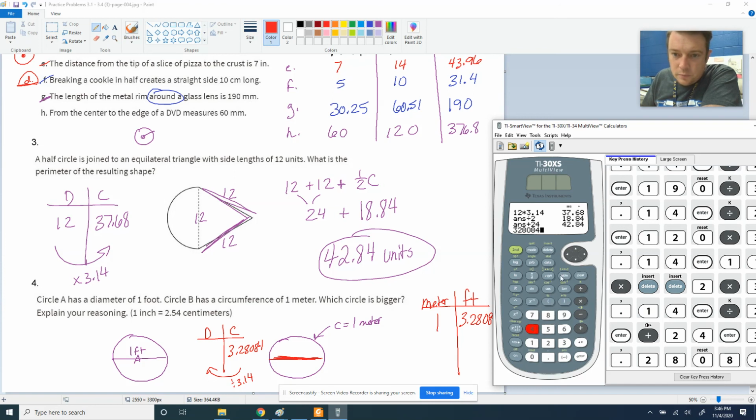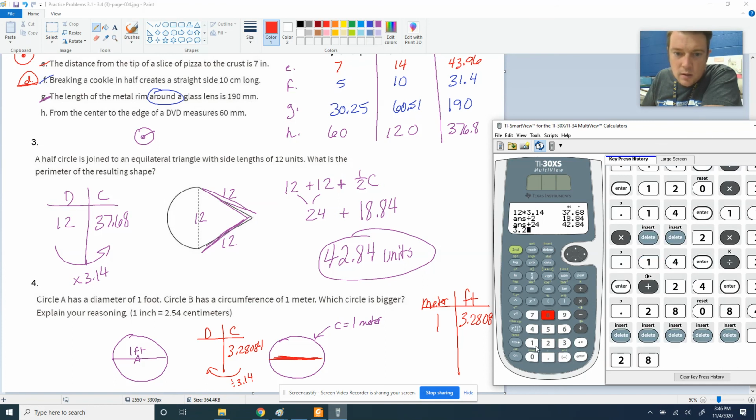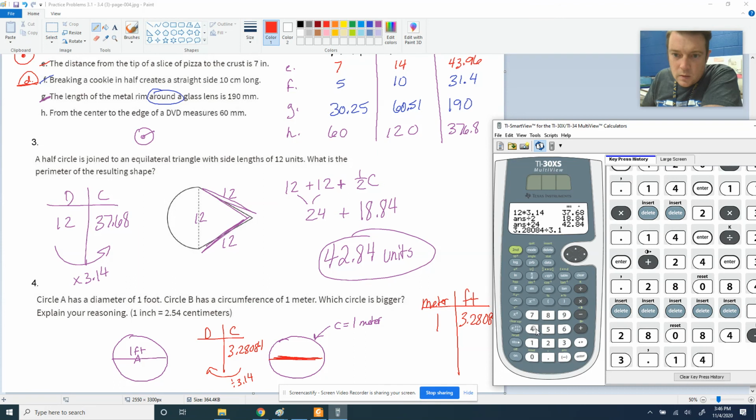3.28084. Of course, I missed the decimal. 3.28084 divided by pi is 1.045.